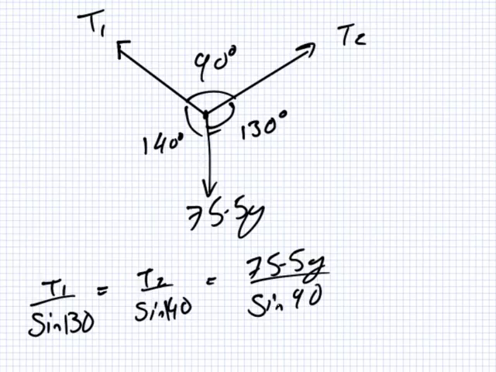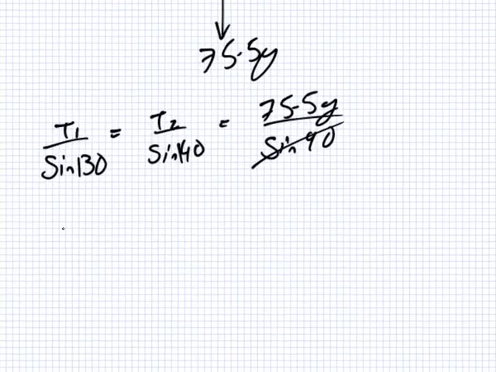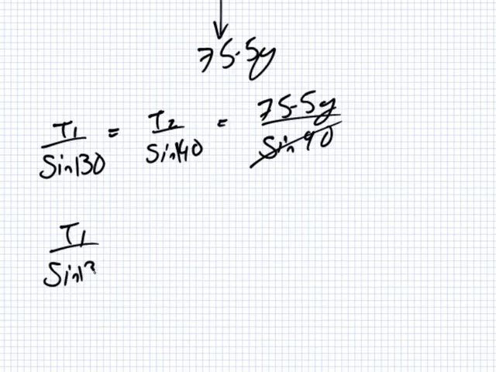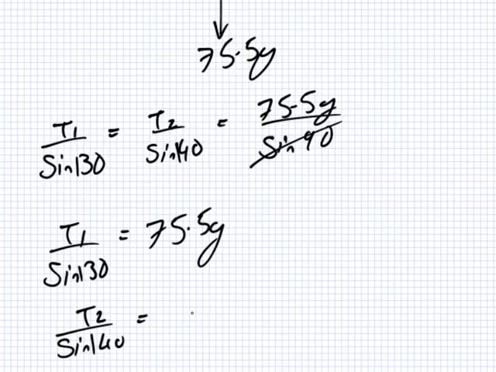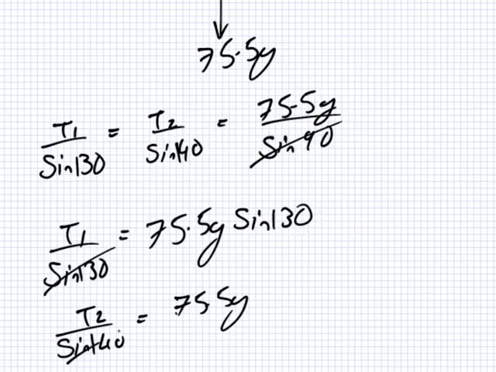What's sine 90? 1. So Lami said T1 should be 75.5 g sine 130, and T2 should be 75.5 g sine 140. Same answer, 567, and whatever the other one was as well.